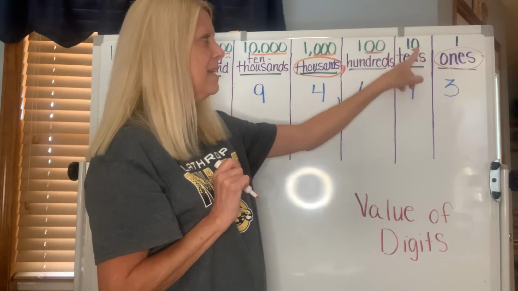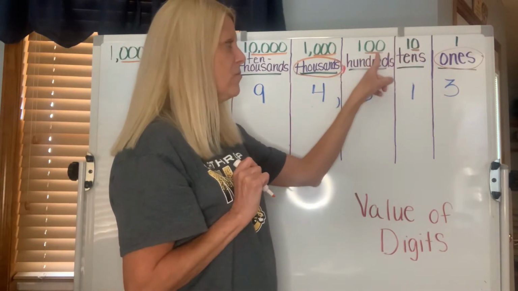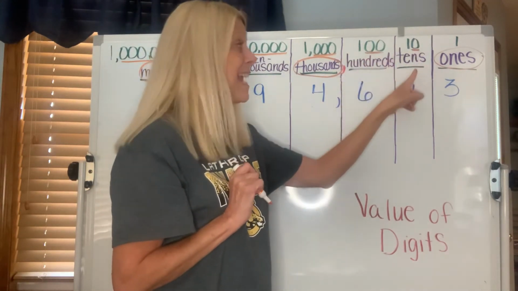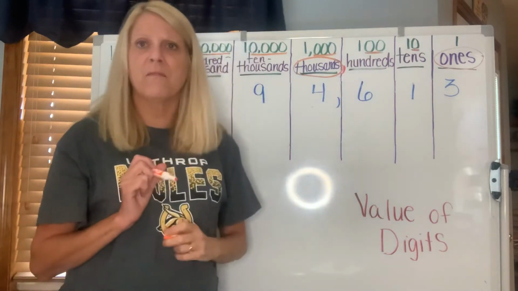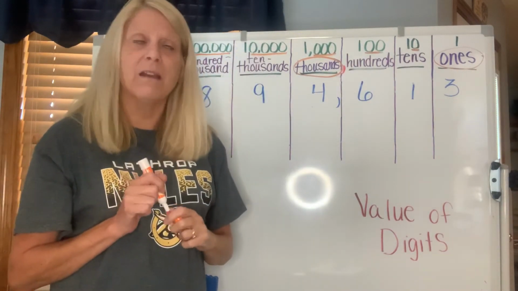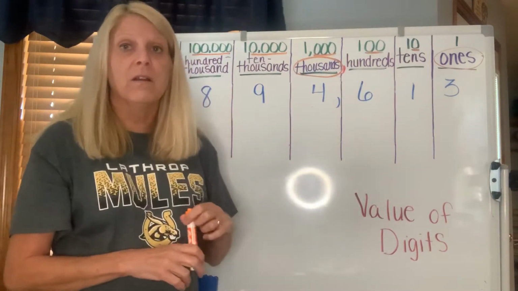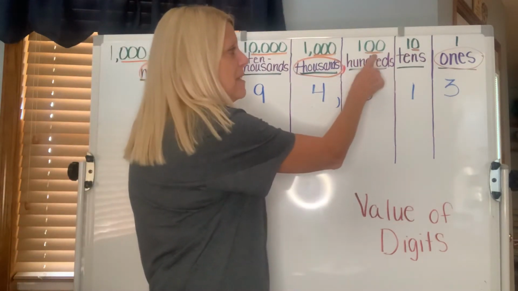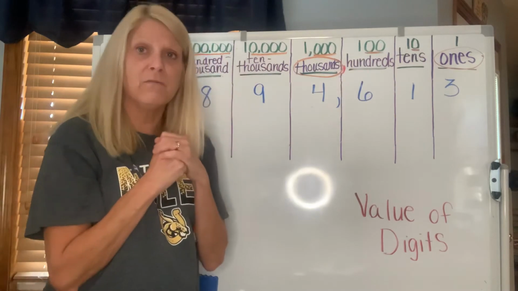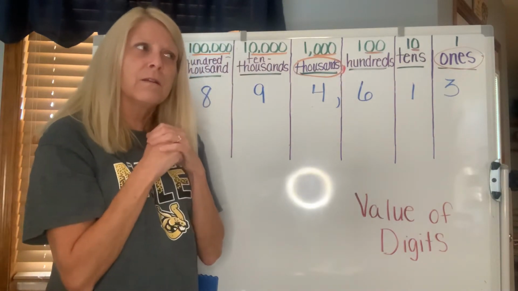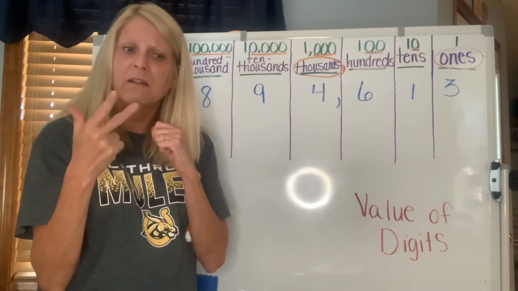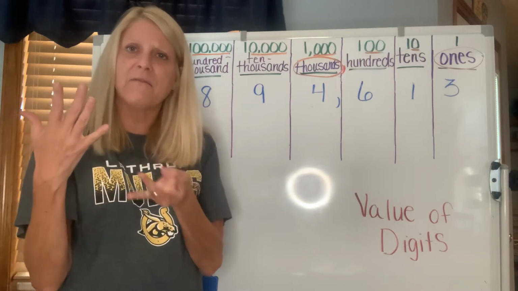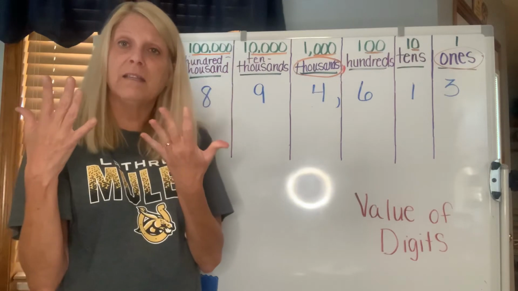We have our 10 and then our 100. The value of the 100 is 10 times more than the value of the number 10. So if we have 10 tens, that means that we have 1 hundred. 10, 20, 30, 40, 50, 60, 70, 80, 90, 100.